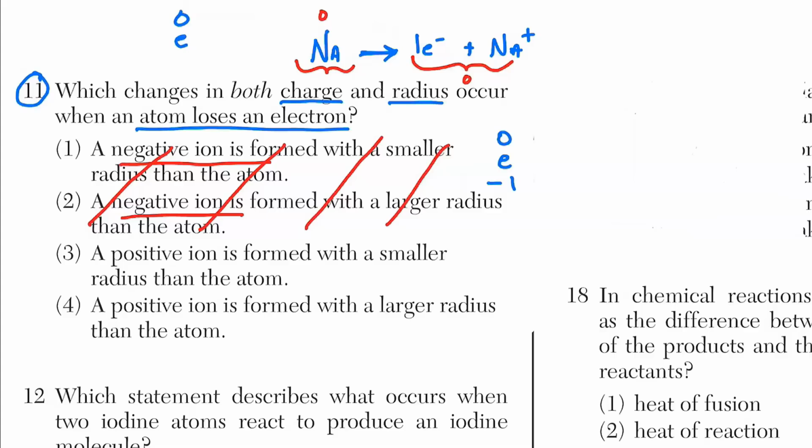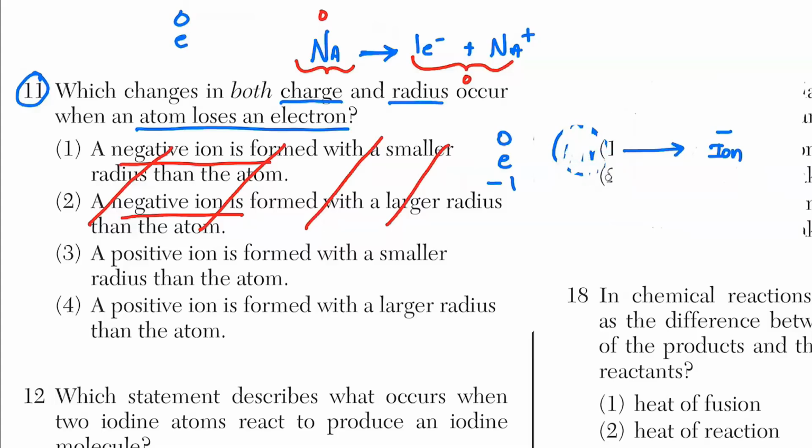So if I have an atom, and this is its atomic radius, and if it loses an electron, it's going to become an ion. The question is, does it get bigger or smaller? I probably should have started this a little better.